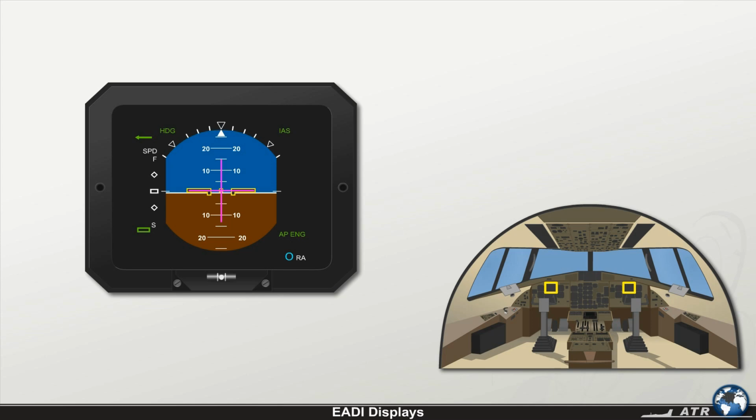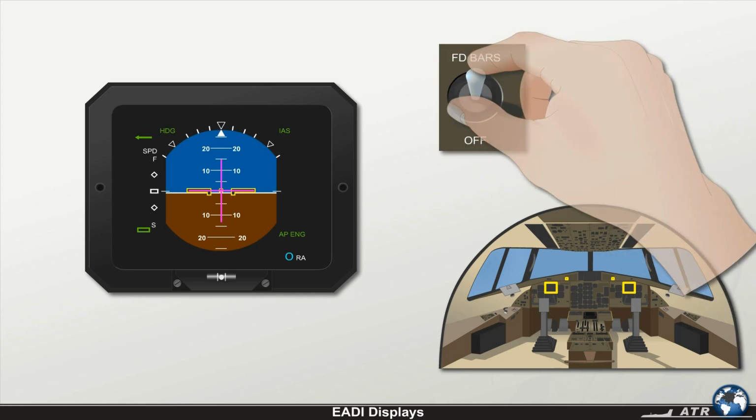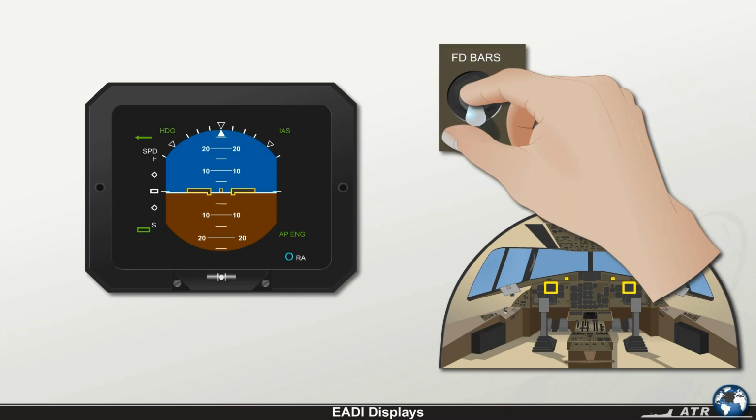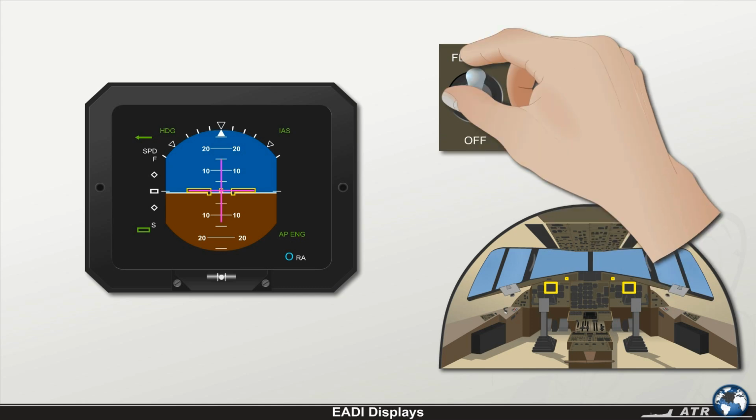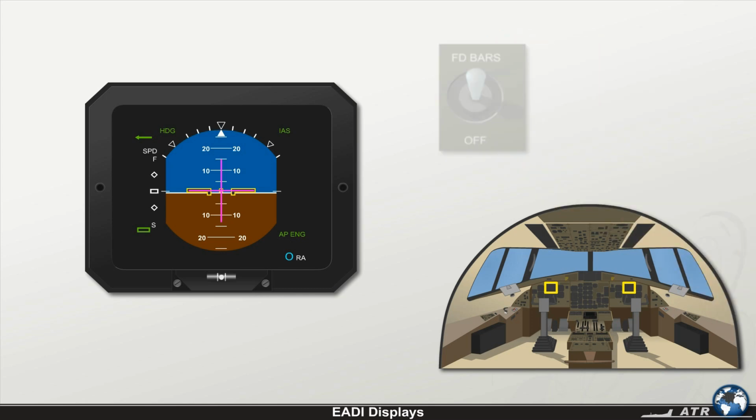The captain's and first officer's EADIs display the following AFCS information: the flight director command bars. Each side of the flight director command bars can be switched on and off via the left and right flight director command bar switches. The lateral armed active modes and coupled status are shown in the left top corner of the display.